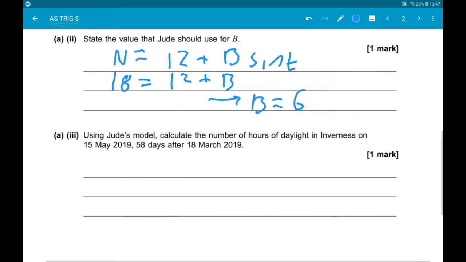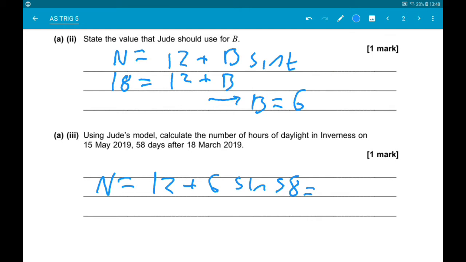So we get n is 12 + 6 sin 58. And to one decimal place we will get 17.1.